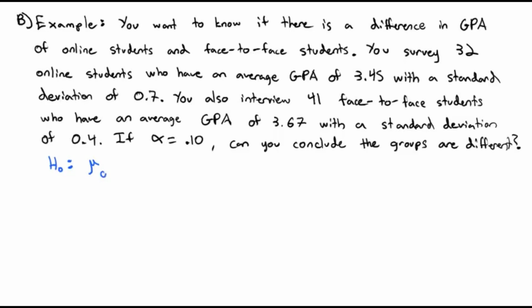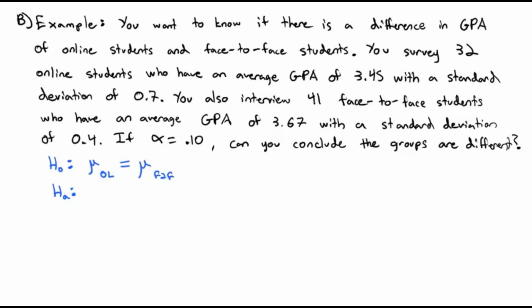Well, the mean of the online students is hypothesized then to be the same as the mean of the face-to-face students. Again, I'm using subscripts to make it really clear which group I'm talking about. The null hypothesis, no difference. They are equal. The alternative hypothesis is going to be either one is greater or they're not equal to each other.